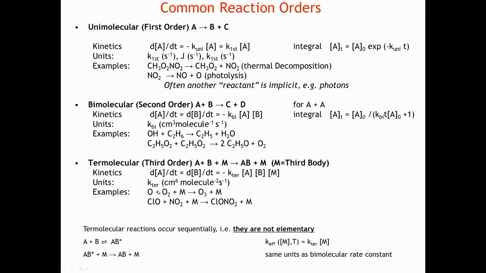And if you look at these reactions, what sort of reactions are these? Termination reactions. So a lot of your termolecular reactions are termination reactions, and a lot of your termination reactions are three-body reactions.